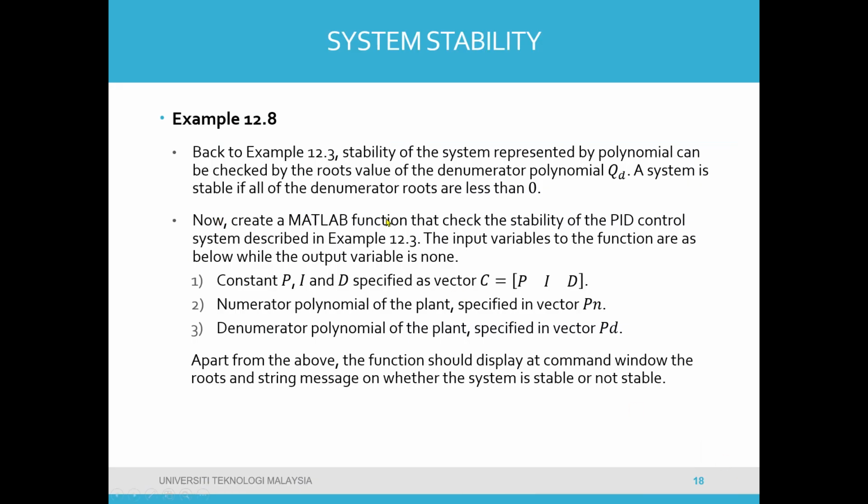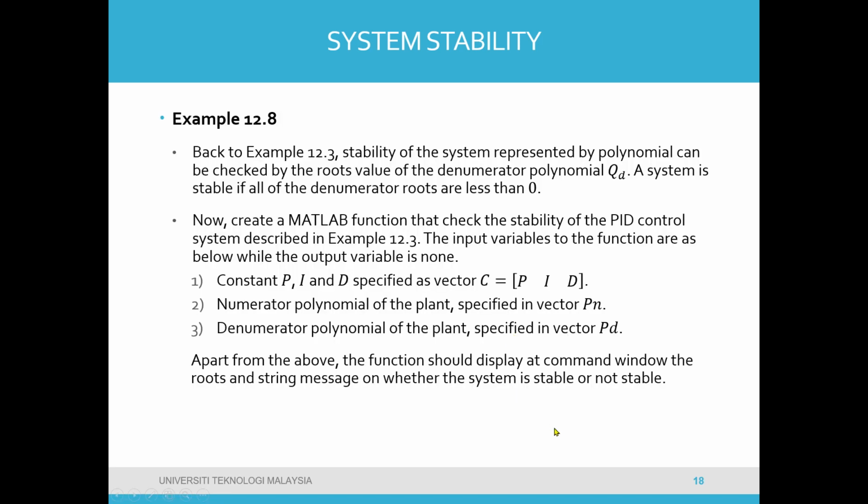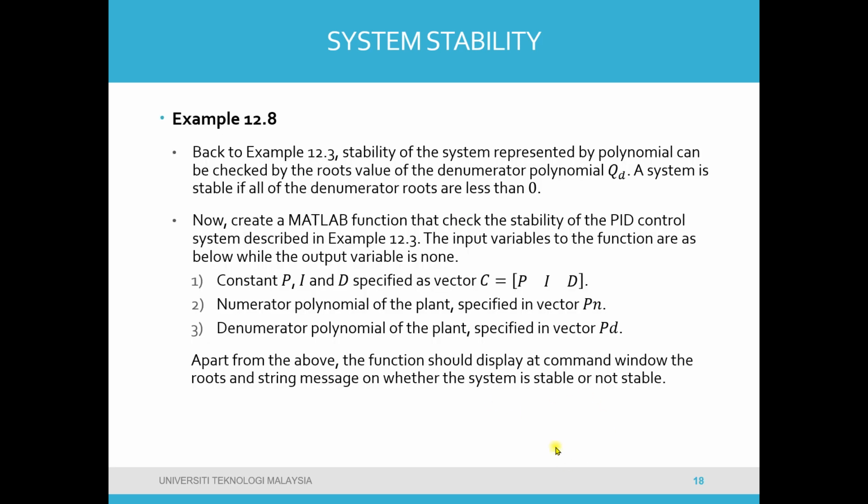Now create a MATLAB function that checks the stability of the PID control system described here. Of course, you can see here G1, G2, G3. This is a function to check the stability, and C is the controller PID value.